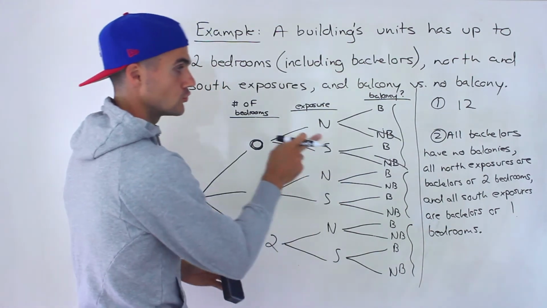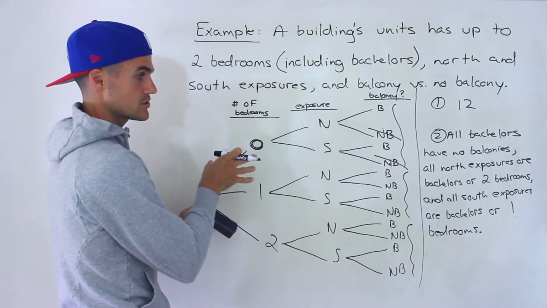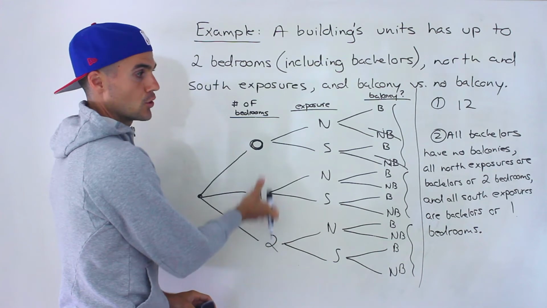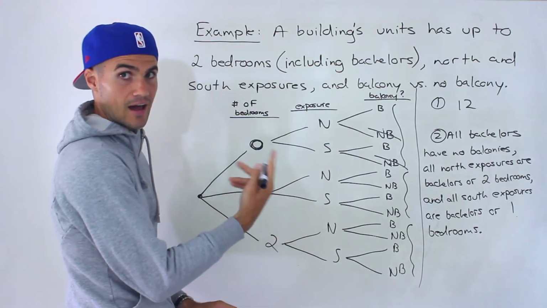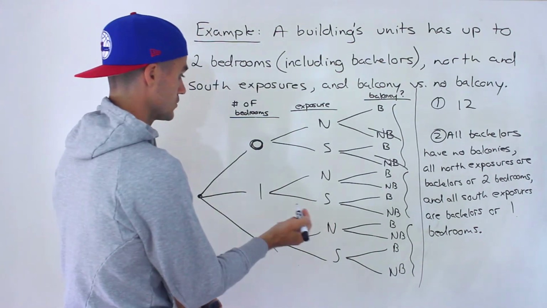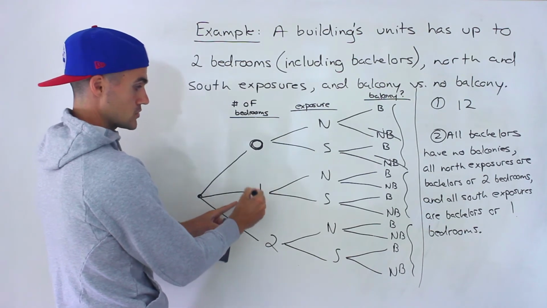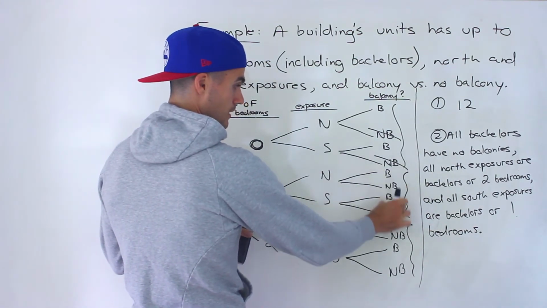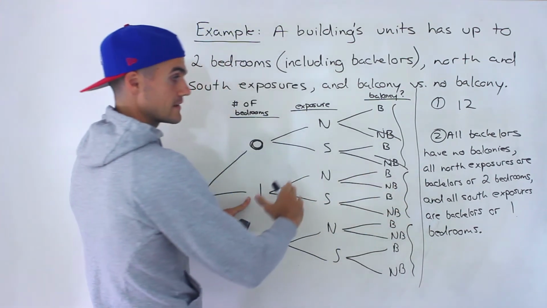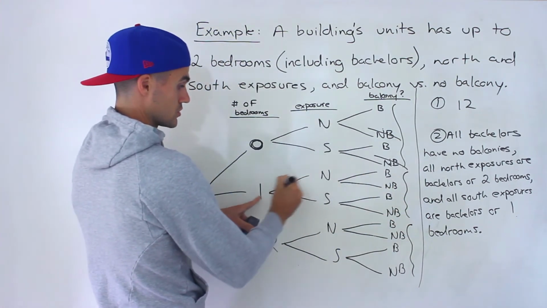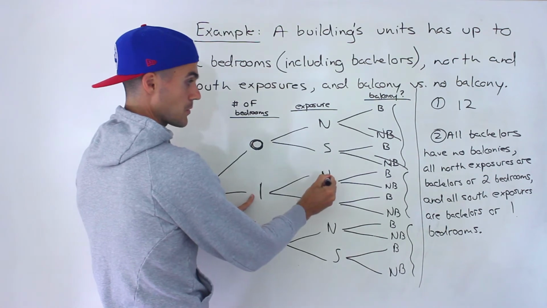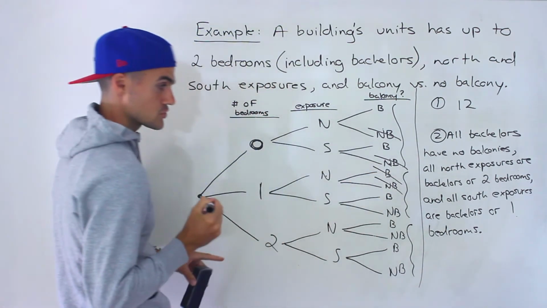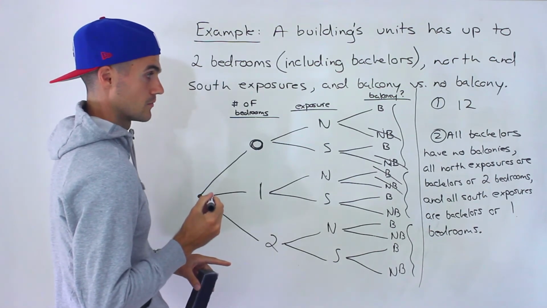So it says all north exposures are bachelors, 0 bedrooms or 2 bedrooms. So that means that there are no north exposures that have 1 bedroom. And so what we can do is we can look at all of the units with 1 bedroom, which would be these, and we can get rid of the ones that have north exposures. So 1 bedroom, north exposure, it would be these 2 units. So we can get rid of those 2 possibilities right there.